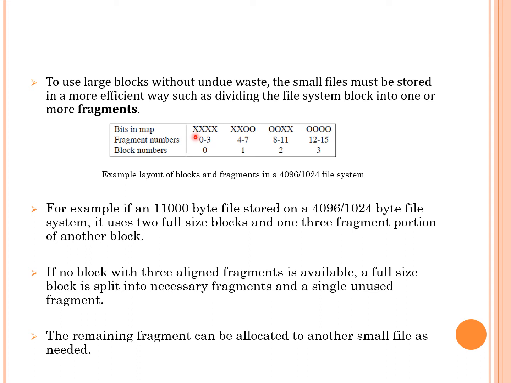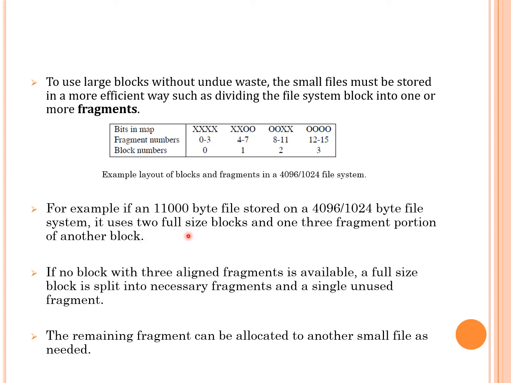The X denotes that the fragment is in use, and 0 denotes that the fragment is free. For example, fragment numbers 0 to 3 are full and in use. Fragments 6, 7 are free, and fragments 8, 9 are free. But from 6 to 9, we cannot use it as a full block. It means fragments of adjoining blocks cannot be used as a full block.